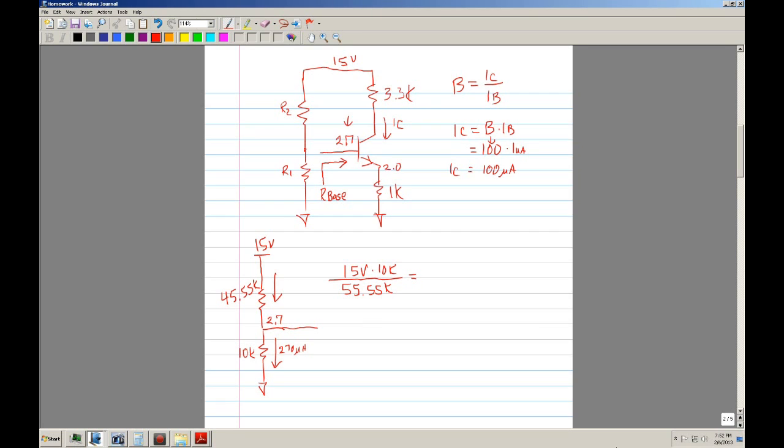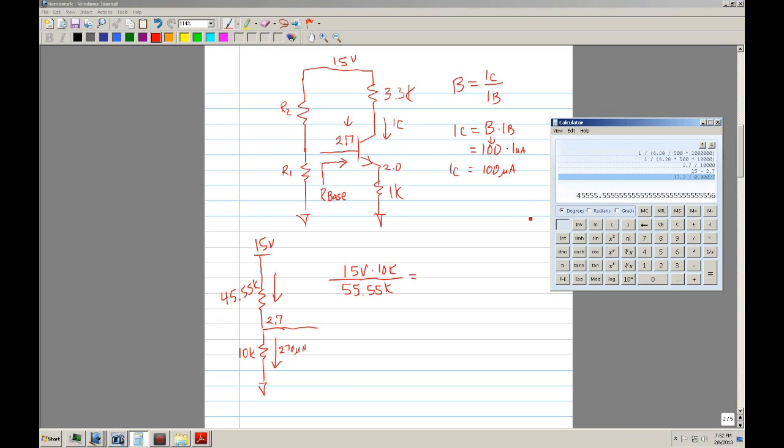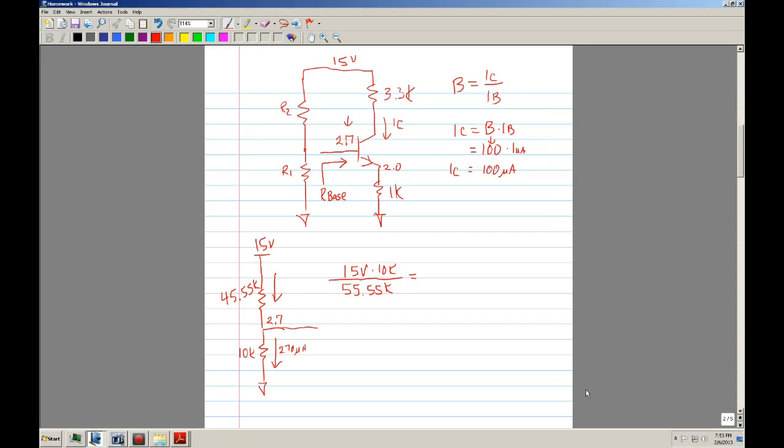So let's see if we got that right. 15 times 10 divided by 55.55, 2.7. Yeah. Okay.